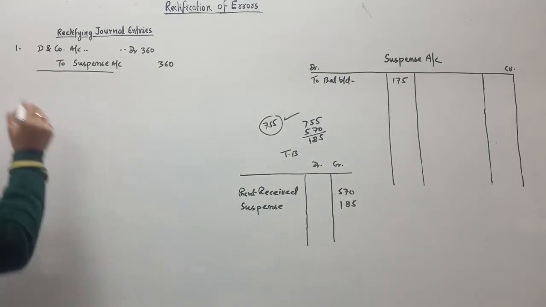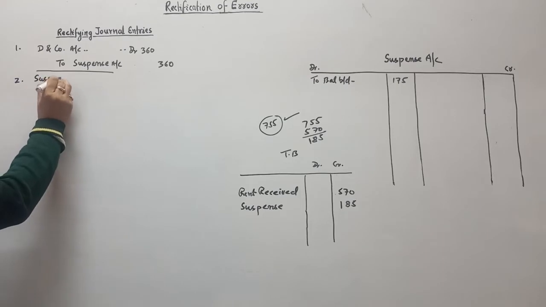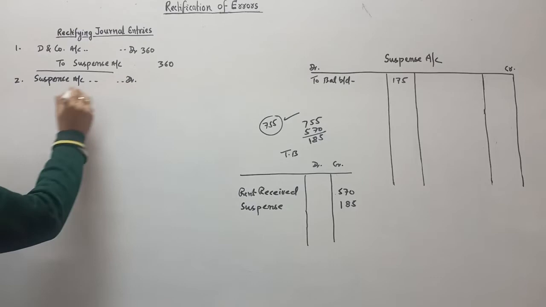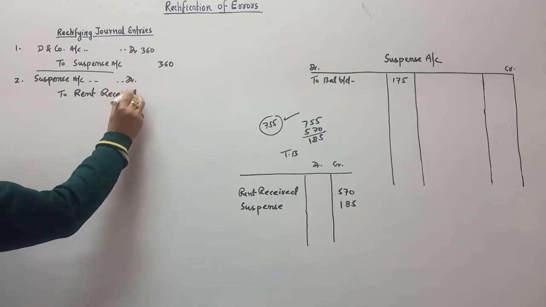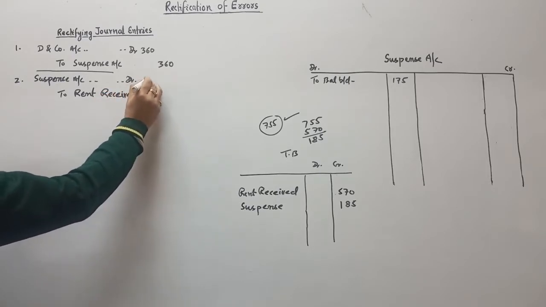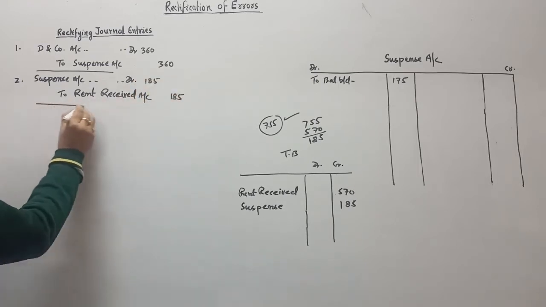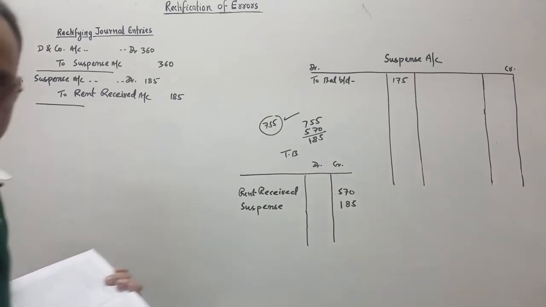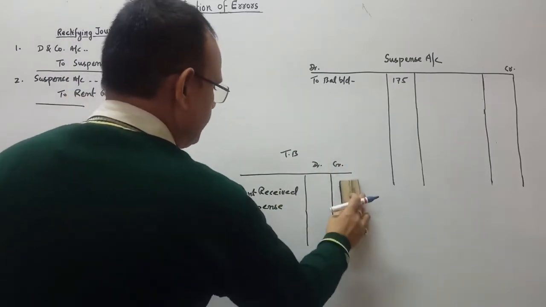To rectify this, we have to debit the suspense account, and in rent received, where we have written a smaller amount, we have to credit the rent received account by rupees 185. Suspense account debit to rent received. Is it clear?